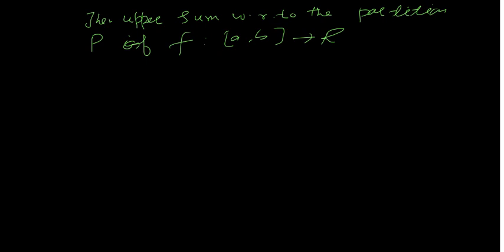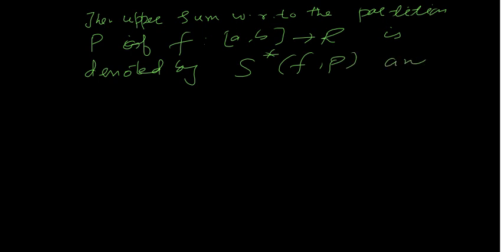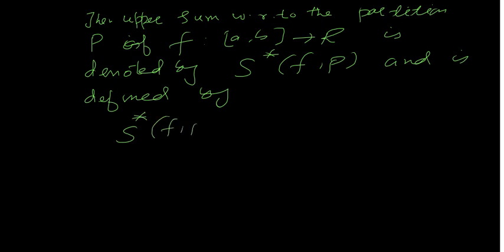The upper sum with respect to the partition P of the function f is denoted by S upper star f p, and is defined by S upper star f p is equal to the summation, i runs from 1 to n, of capital Mi into xi minus xi minus 1.